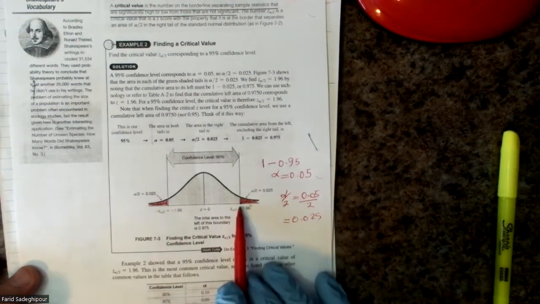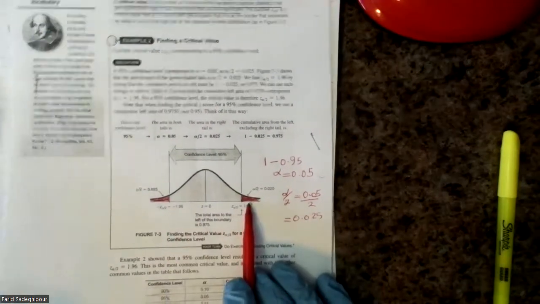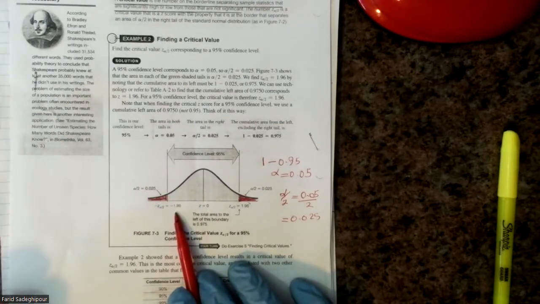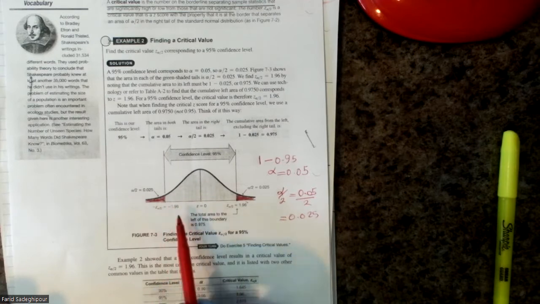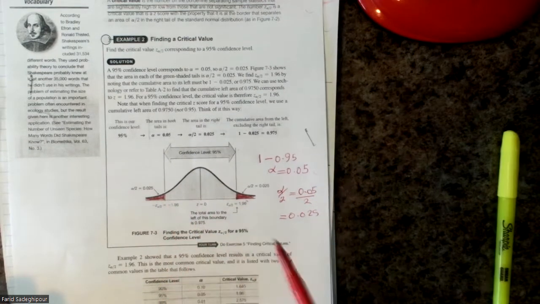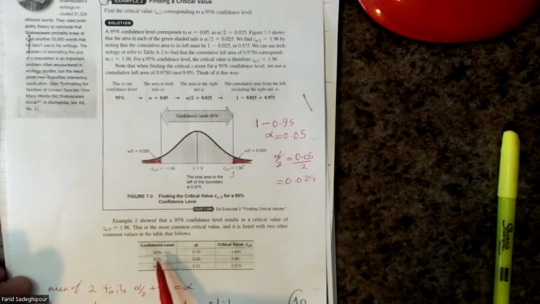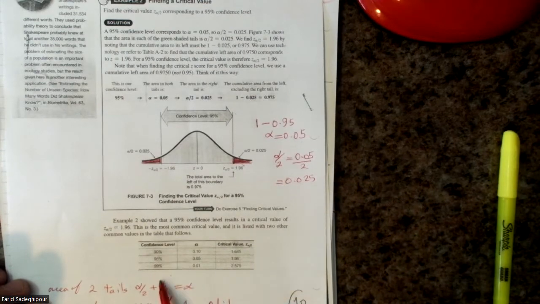And we need this area, the red one, for our calculation to find the z. So if the area is 0.025, the z value is 1.96. Some of them are very common, so we normally have them here.